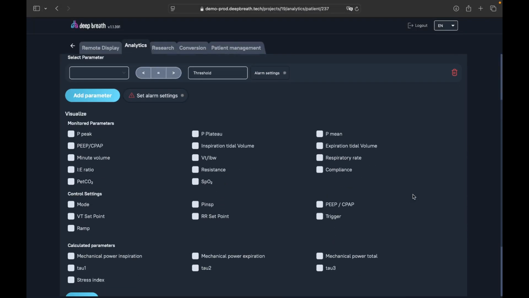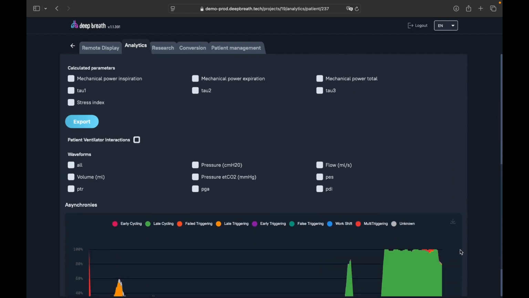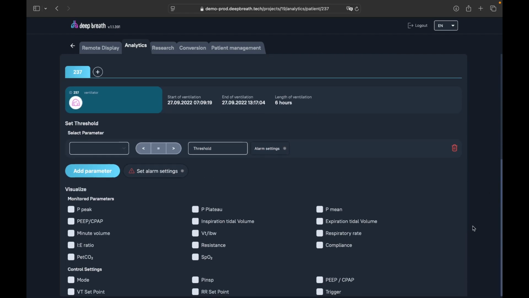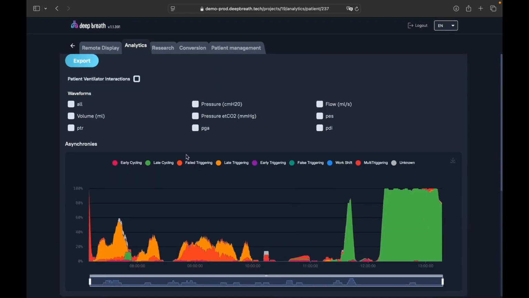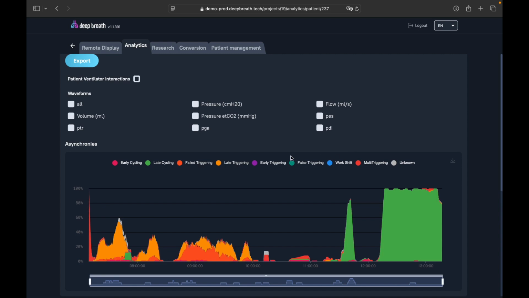Easiest cases for patient ventilation interaction classification. So it was 8 hours, but there were several periods of quite a high amount of failed triggering, late triggering, and late cycling.